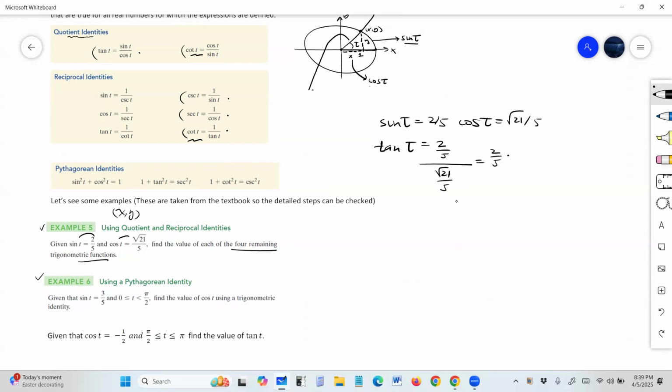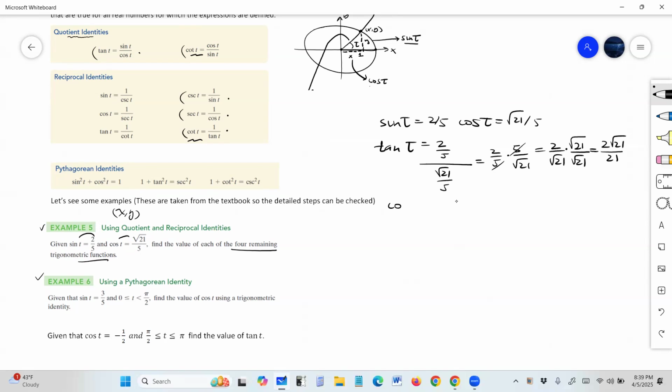So 5 over radical 21. The 5s will cancel. I end up with 2 over radical 21. That has to be rationalized. No, we cannot leave a radical in the denominator. So this is 2 radical 21 over 21. So this is tangent of t.